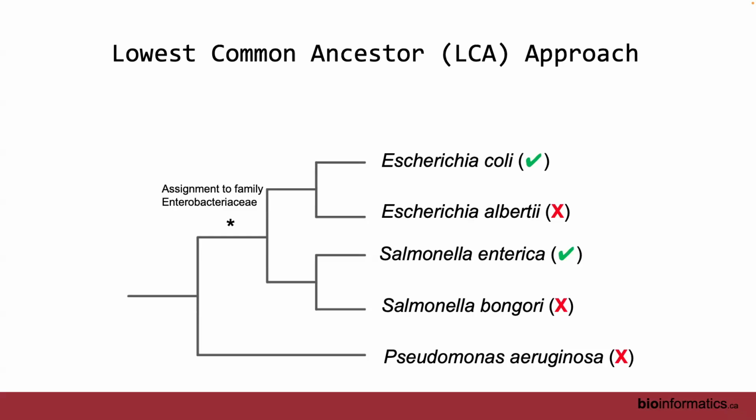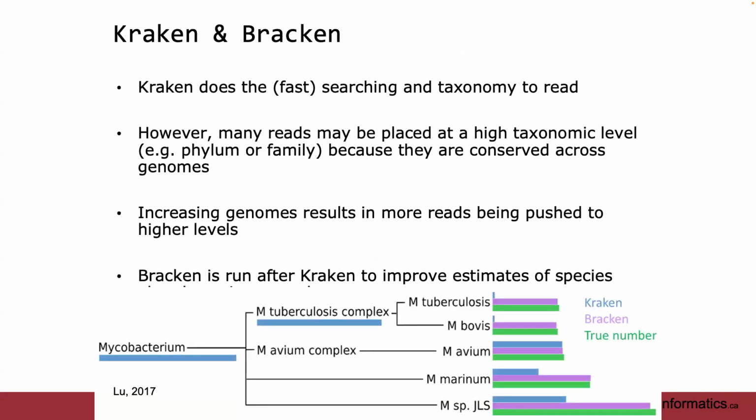Different tools will tend to have higher resolution rankings than others sometimes. In the particular case of Kraken, which is a k-mer-based approach and is the one we'll talk about in more detail, it does this LCA as well on top. And then they have actually combined that with another tool called Bracken, which you essentially run after the Kraken method. It takes that initial set of LCA reads and tries to get a bit more resolution by pushing them down to, say, the species or strain level.